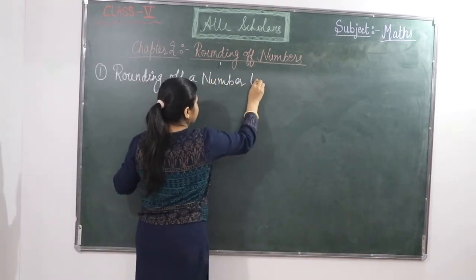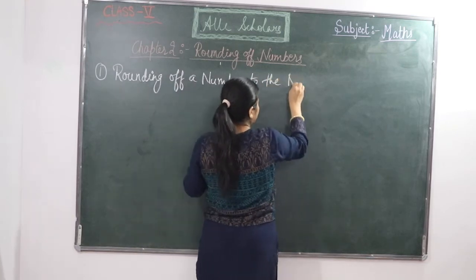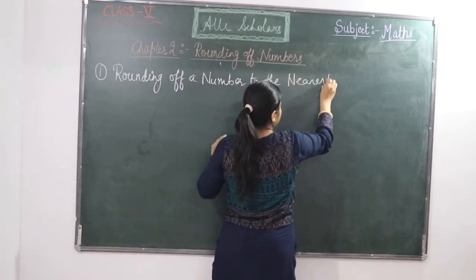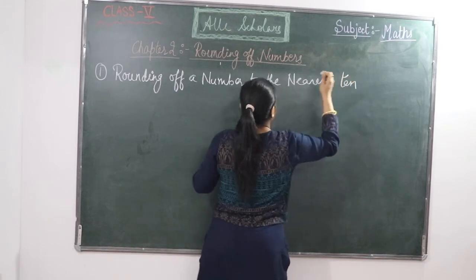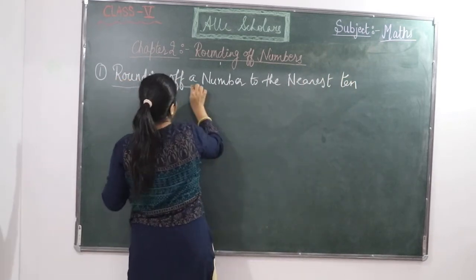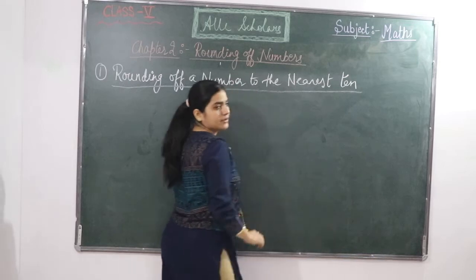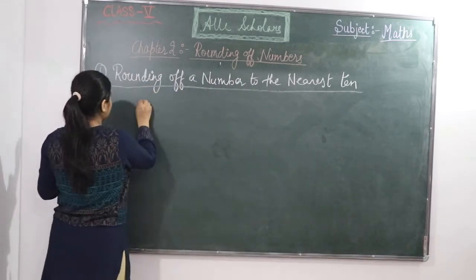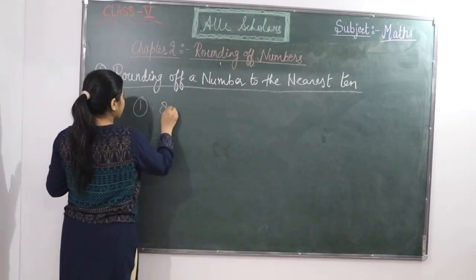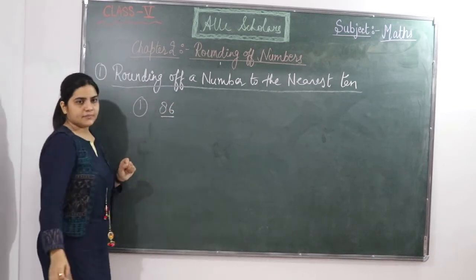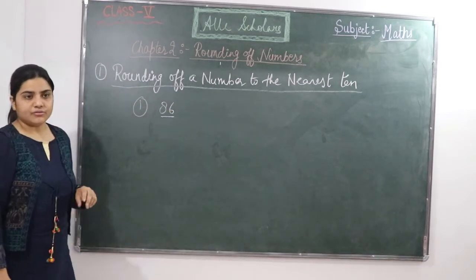Rounding off a number to the nearest 10. Let's take an example. Suppose we have taken the number 86, and we have to round it off.